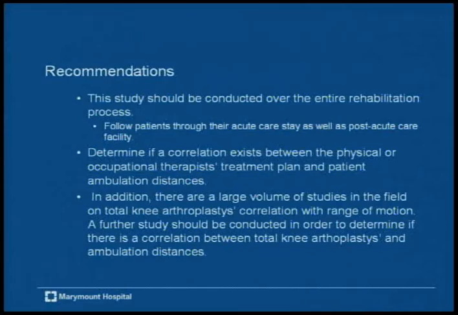Also, determine if a correlation exists between the physical or occupational therapist treatment plan and patient ambulation distances. In addition, there are a large volume of studies in the field on total knee arthroplasty's correlation with range of motion. A further study should be conducted in order to determine if there is a correlation between total knee arthroplasties and ambulation distances.